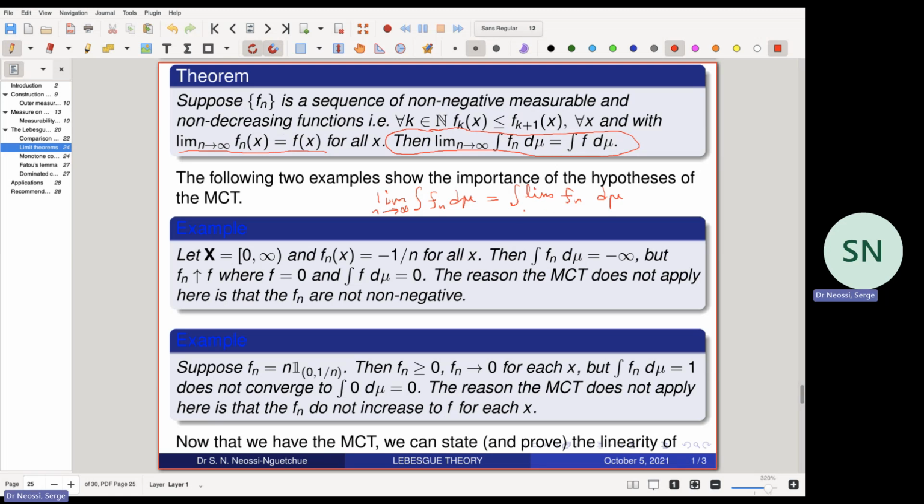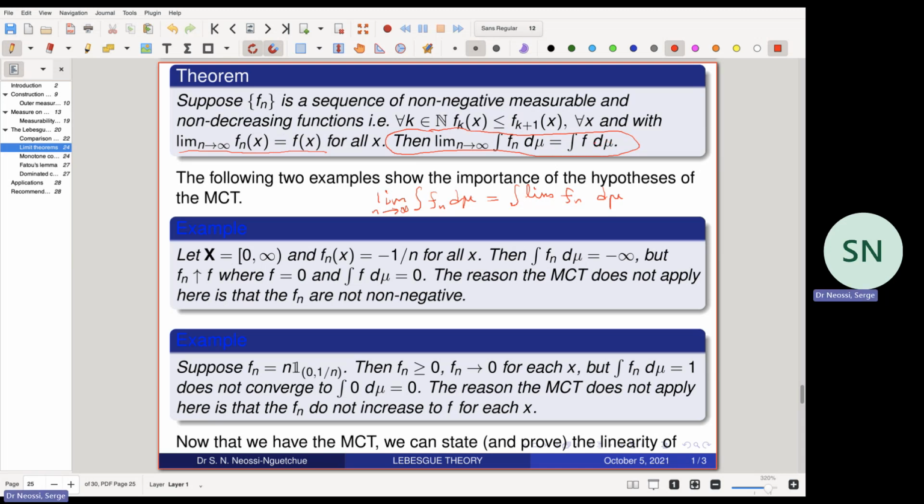So in other words, if you have a sequence of non-negative measurable functions that are non-decreasing, and if that sequence converges pointwise towards a function f, then the limit of the integral of the fn will be equal to the integral of the limit of the fn. You can take the limit under the integral sign.